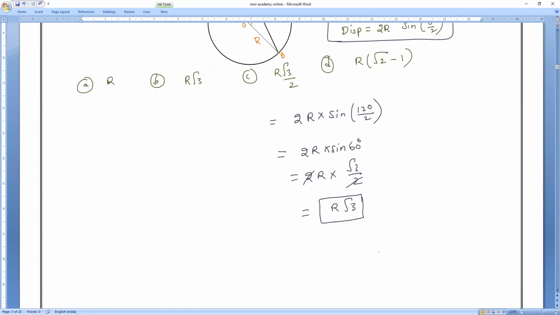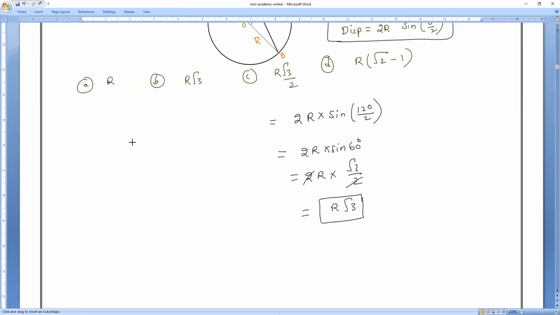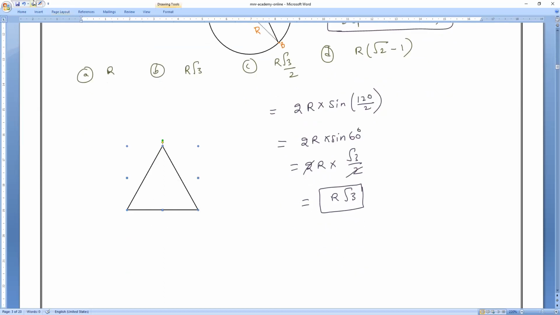Now, let us go with the proof. Observe very carefully. Look into the screen now. Whenever you get an angle between two radii, imagine a triangle forming in the circle.